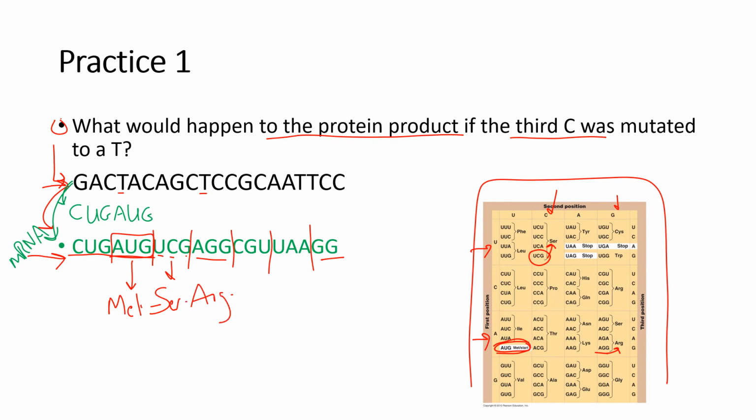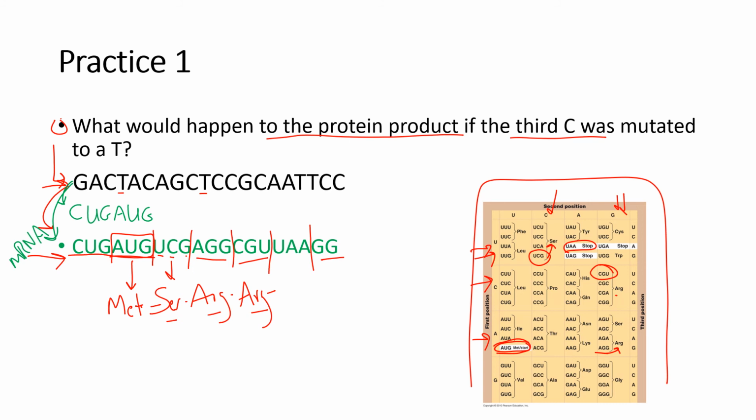Attach that together with a peptide bond. Then CGU. CGU is arginine also. And then UAA. UAA is stop. So when you get to the stop, you stop. So the protein product is methionine, serine, arginine, arginine. That's the normal protein product.